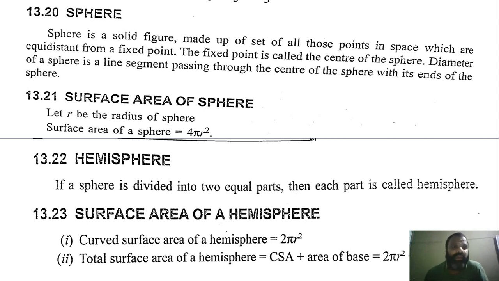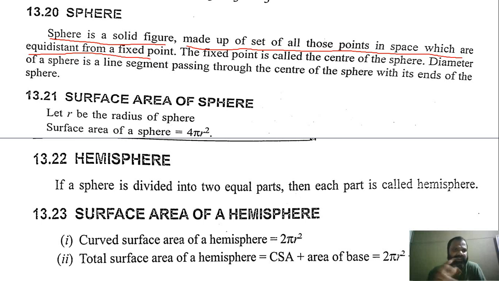Now, sphere. What is a sphere? A sphere is a solid figure. Look at the definition of a sphere: a sphere is a solid figure made up of the set of all those points in space which are equidistant from a fixed point.